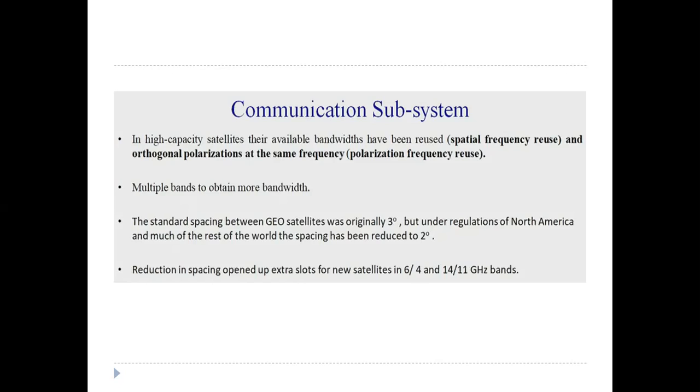Satellite systems designed for Ku band 14 by 11 GHz and Ka band 30 by 20 GHz have narrower antenna beams and better control of coverage patterns than a satellite using C band 6 by 4 GHz. As available orbit slots for GEO satellites have filled up with satellites using the 6 by 4 and 14 by 11 GHz bands, attention has focused on the use of the 30 by 20 GHz band.